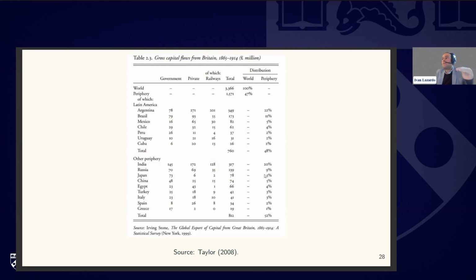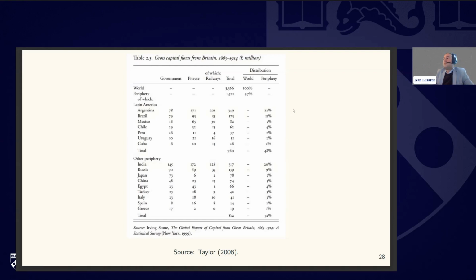Japan accounted for around 5% of the total British investment in peripheral countries, and Chile accounted for 4%. So they are at a relatively similar level, even though we are talking about two very different countries. Of course, the population of Japan is by far larger than that of Chile.